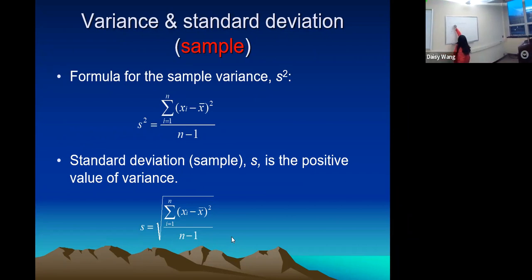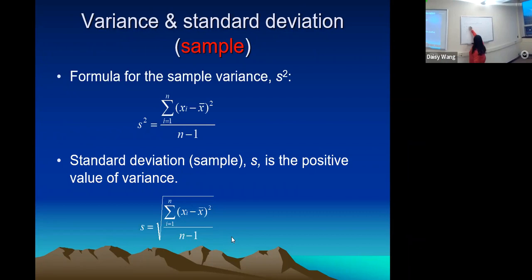This is xi minus x bar, that's 35. So 35 minus 35 is 0, 10 minus 35 is negative 25, and then 15, and then next 25, and 25, right?